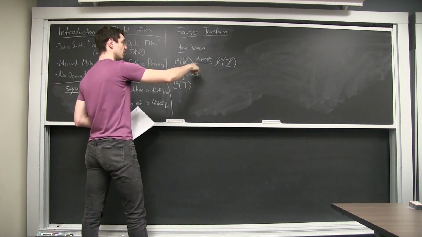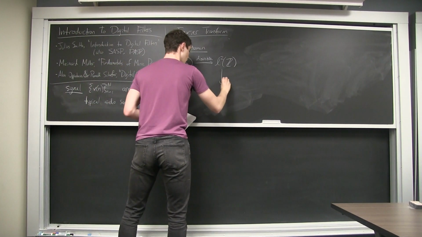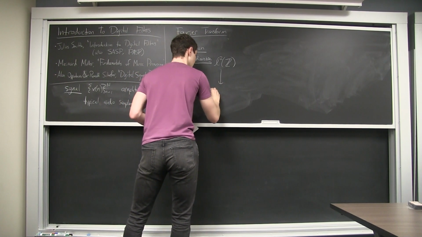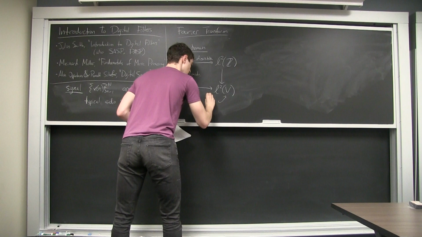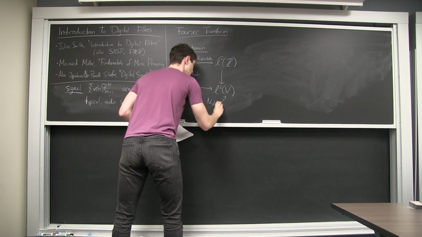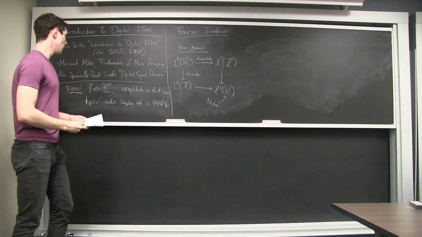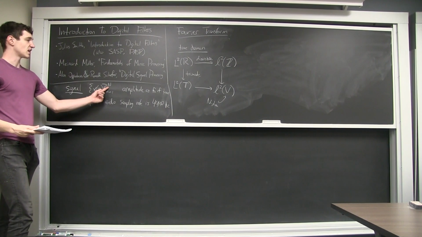These two things commute. We can do them in either order, and either way, we get something that lives in L2 of, let's say, capital V, which is some capital N dimensional vector space, where capital N is the number of samples that we have.